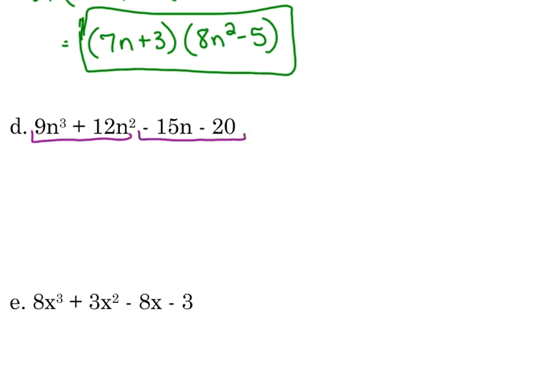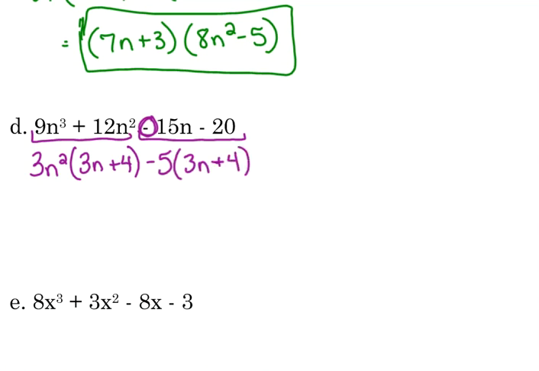9n cubed plus 12n squared, GCF of 3n squared. So we're left with 3n plus 4. GCF the second pair, negative 5. So we're left with 3n plus 4.